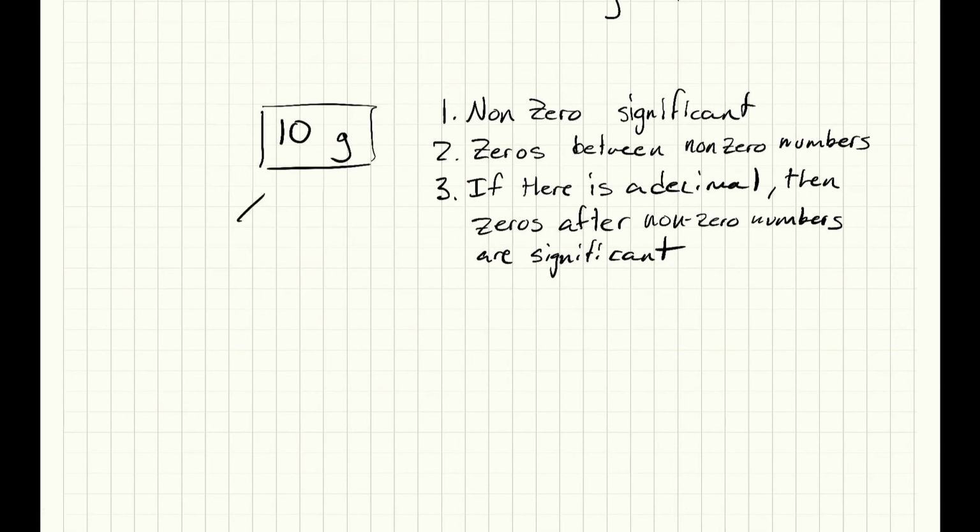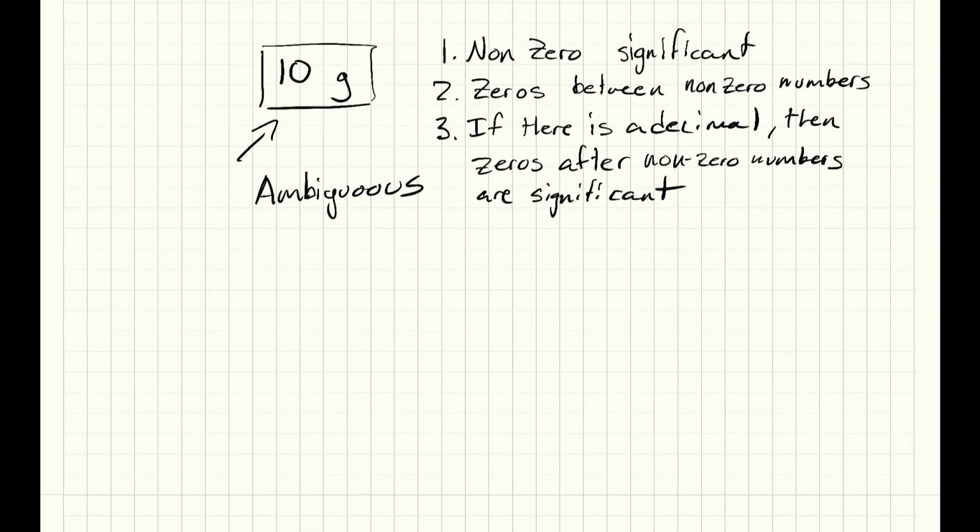So in this case, is there a decimal place? No, there's no decimal place. So this is ambiguous. The only time this is not ambiguous is if there is a decimal place.